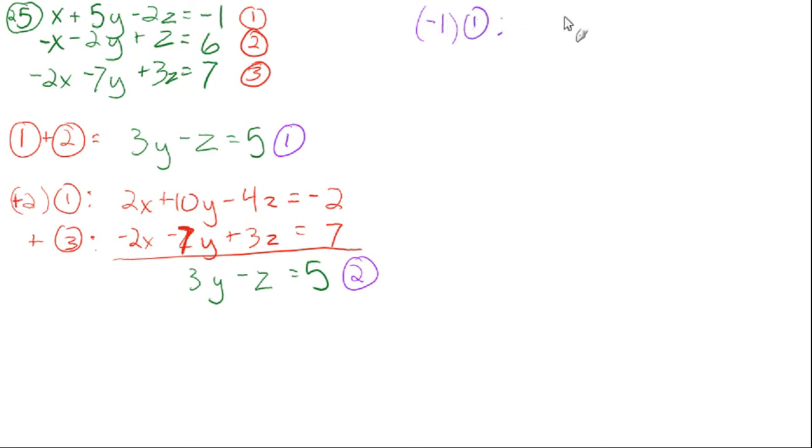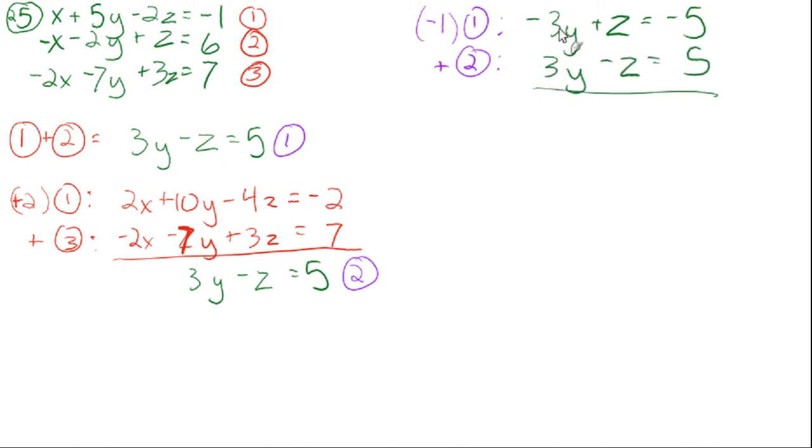And this will give us negative 3y plus z equals negative 5. And then we're going to add equation 2, purple equation 2, and we'll have 3y minus z equals 5. Right, so negative 3y plus 3y, that's going to be 0y. z minus z is 0z. We have nothing over here. And negative 5 plus 5 also gives us 0.